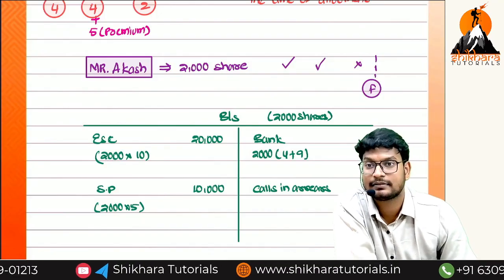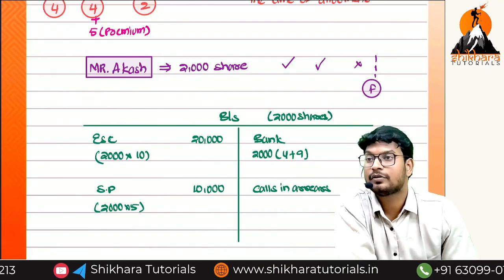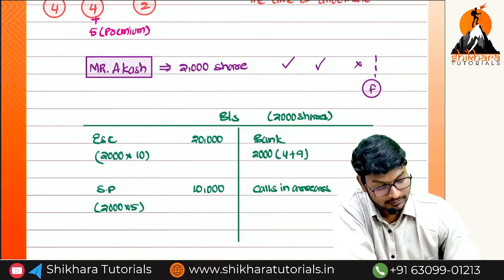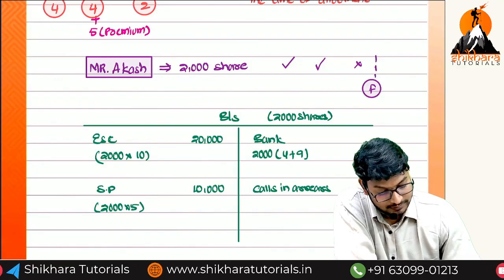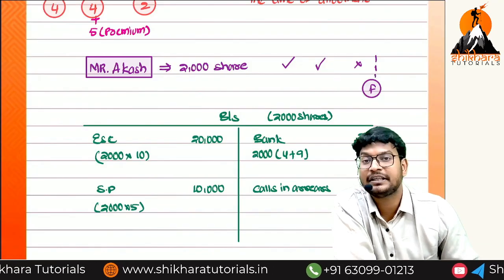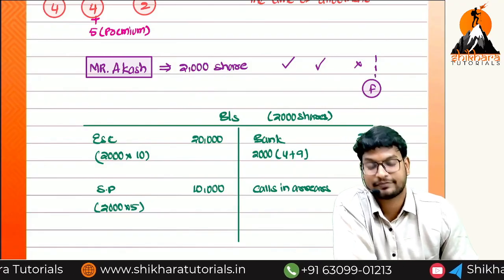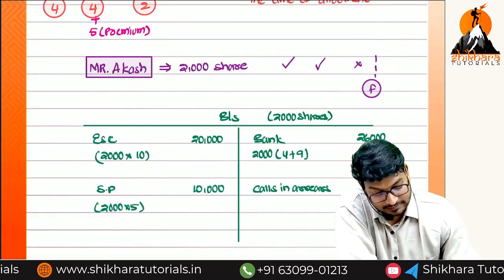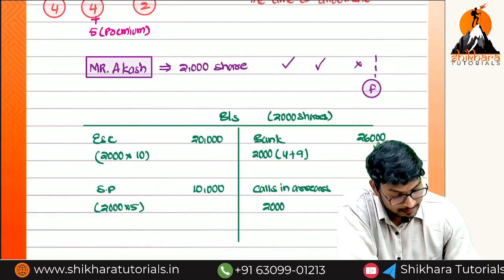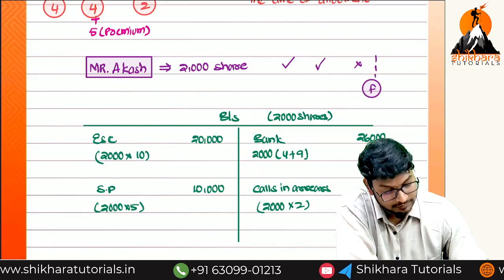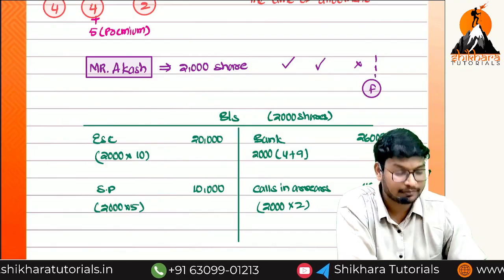Can I write like this? 4 plus 9. 4 for application, 9 for allotment. So what is the total amount? 26,000. Instead of bank, what we need to write? Share forfeiture account. Now calls in arrears. When coming to the calls in arrears, 2000 into 2 is 4000. Are you getting the point?